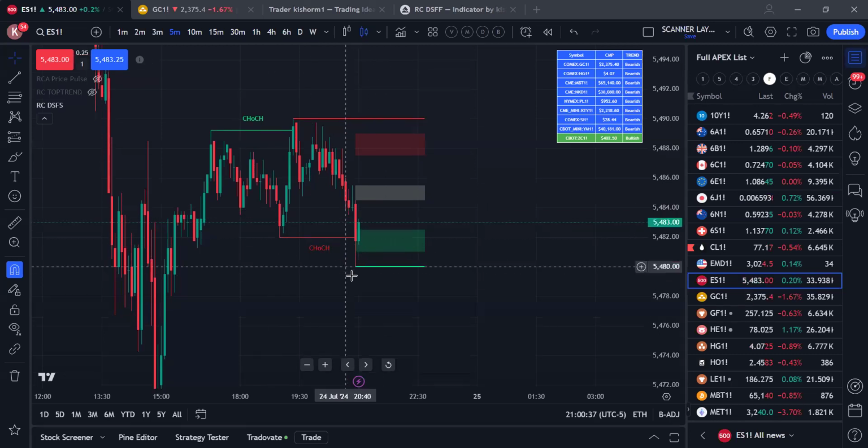Yeah, right. Market makers will do that stop loss hunting. That's what they did. They try to break the stop loss, and then again the price is going up.